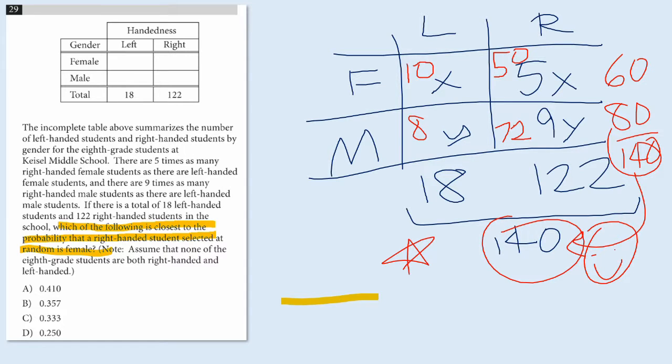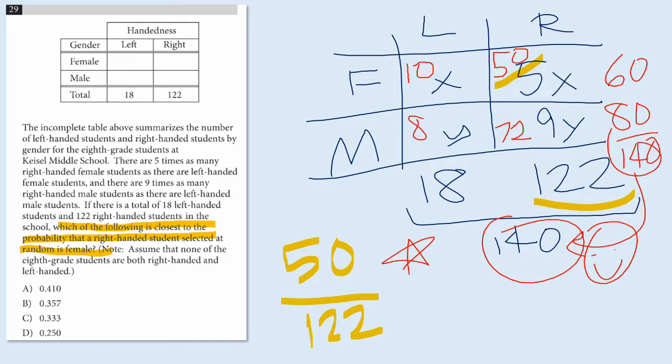So that's 122 in the denominator. And we want to know, of all those right-handed students, if we selected one randomly, what's the probability it would be female? And we know that there are 50 right-handed females.